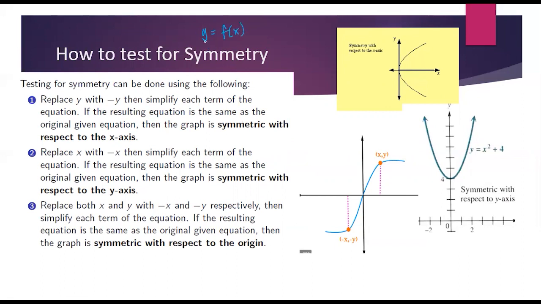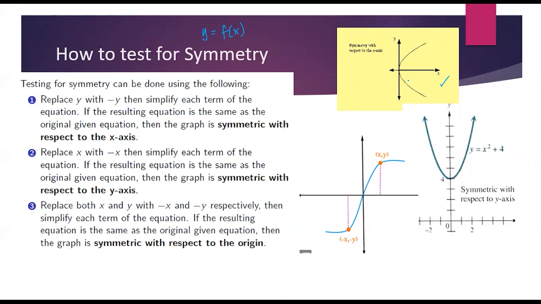Instead of using y here, you replace y with negative y. If the resulting equation is still the same as the given equation, that would mean that your graph is symmetric with respect to the x-axis. One example of a graph that is symmetric with respect to the x-axis is this one.